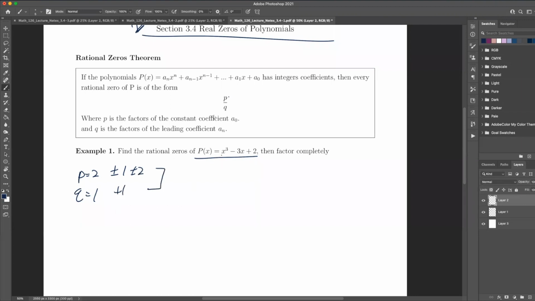If we put these together as all possible, that gives me 2 over 1, negative 2 over 1, 1 over 1, and negative 1 over 1. Or in other words, negative 2, negative 1, 1, and 2.